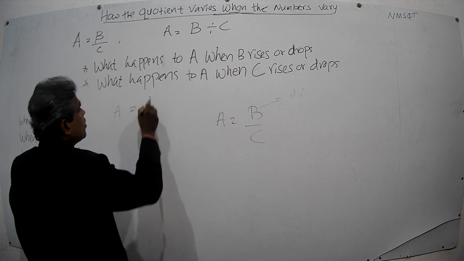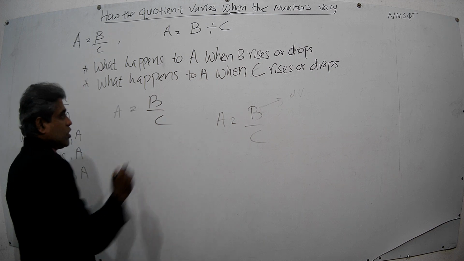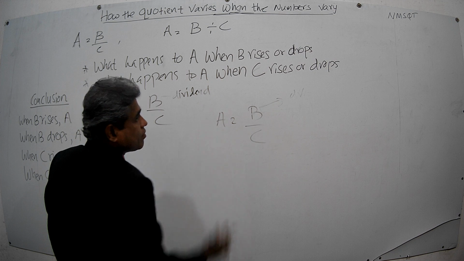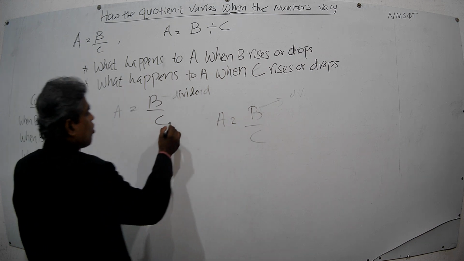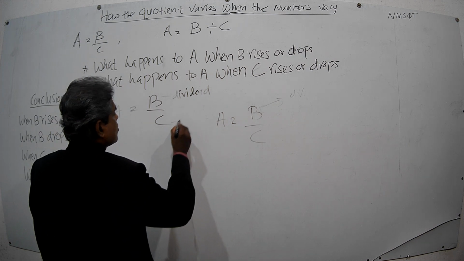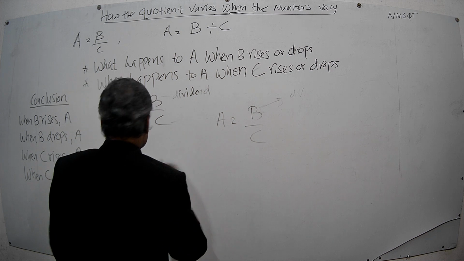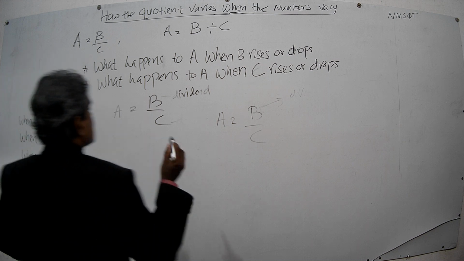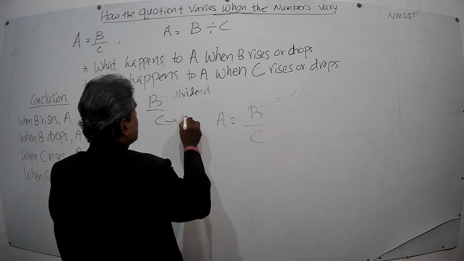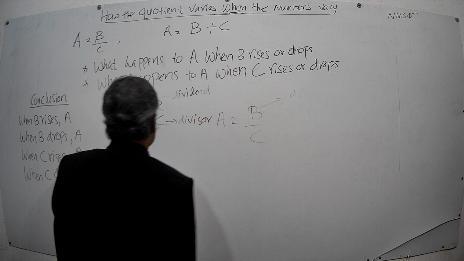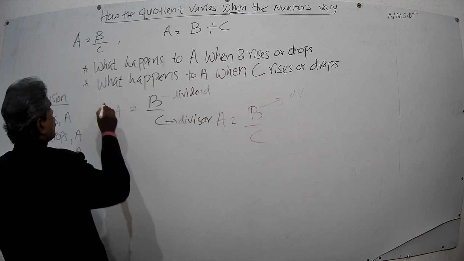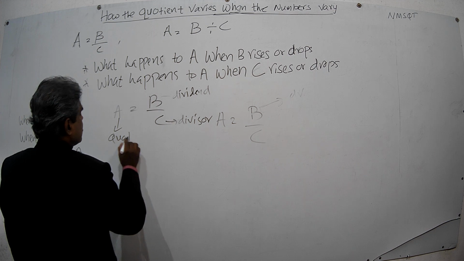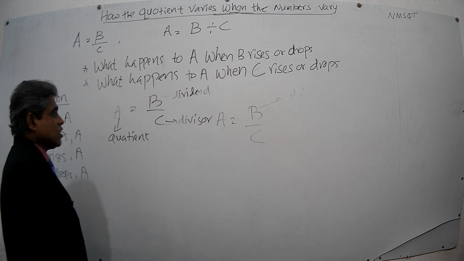A equals B over C. B is called the dividend, C is called the divisor, and A is called the quotient.